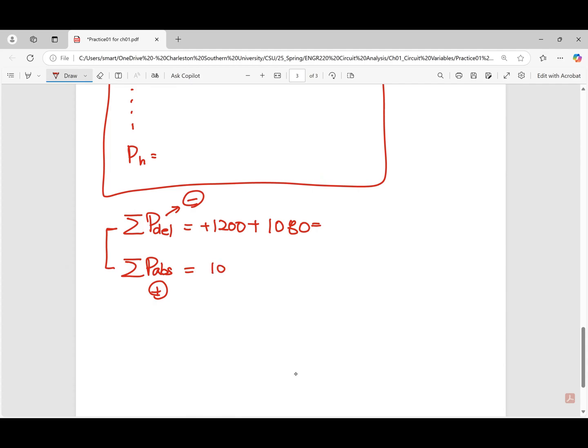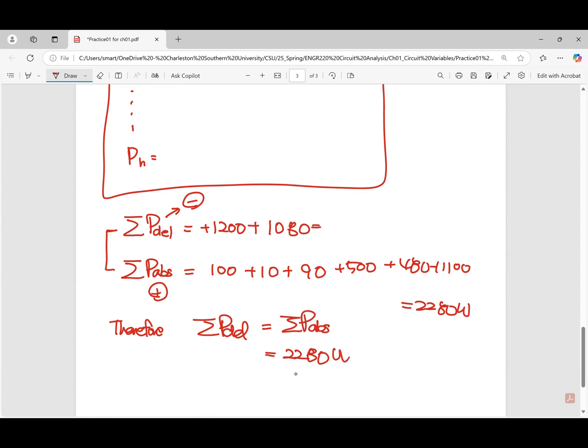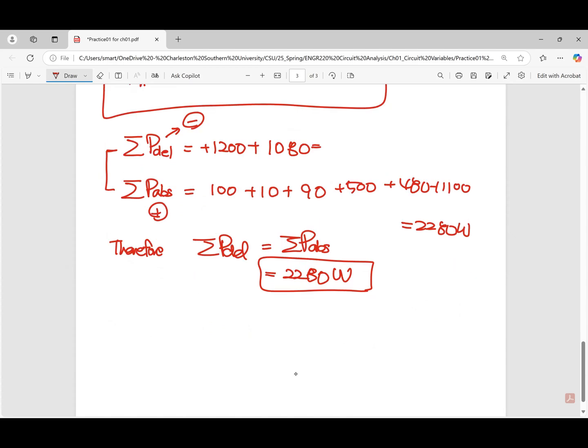That was 100 plus 10, 90, 500, 400, 1,000, 2280. So therefore, the power delivered and the power absorbed should be the same. That's what I wanted to show. So the interconnection now satisfies the power check. Okay, thank you.